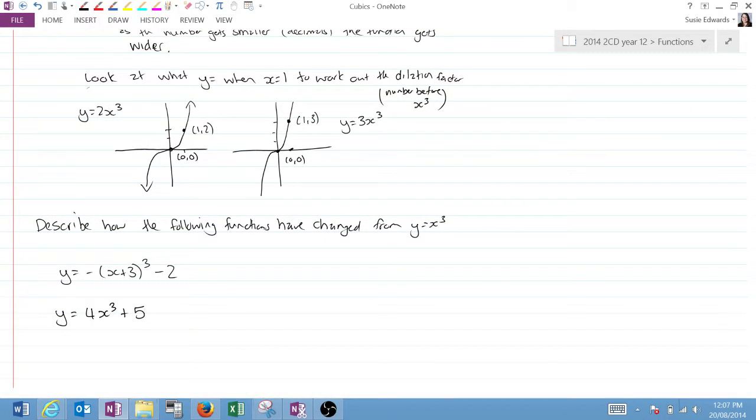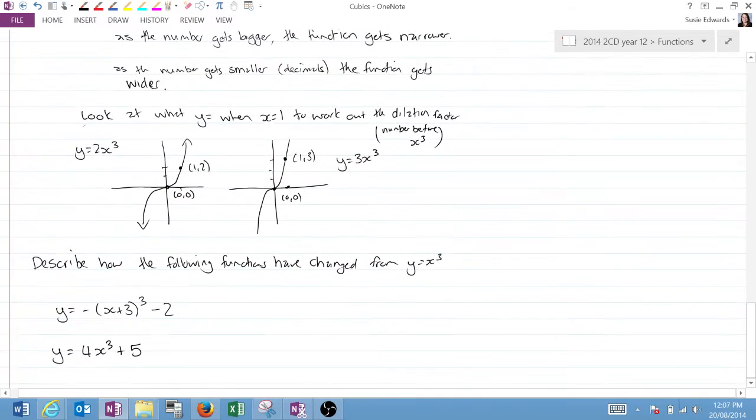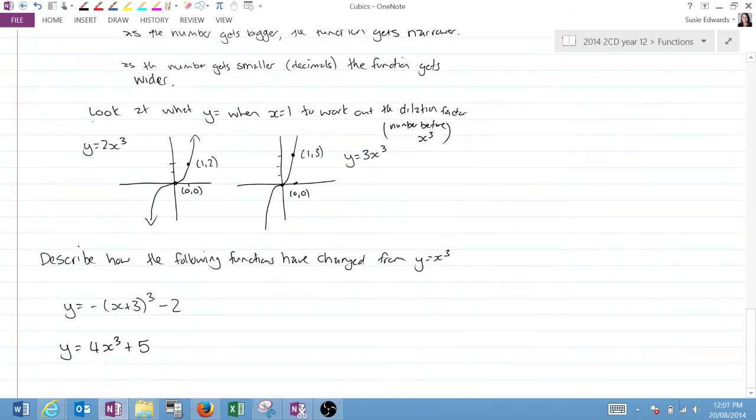Can everyone read that? Or you need to go even further up? I'll do that later. Does anyone still need this? Yes? Which one?